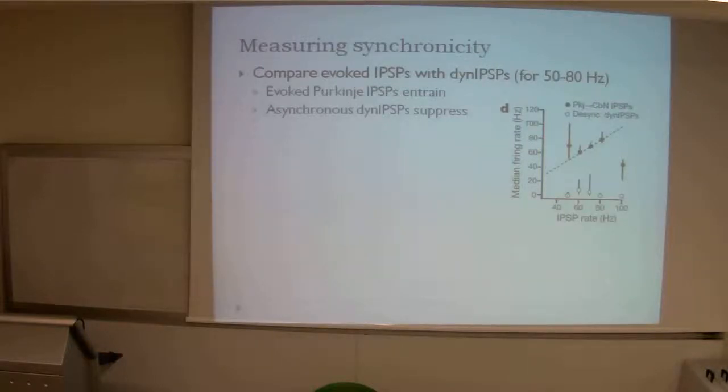But if you're inputting asynchronous information from the dynamic clamp, then the firing rate goes to 0. So what we learn about the DCN neuron firing rate is that it depends on two things, both the frequency of the input and also the synchrony of the input.